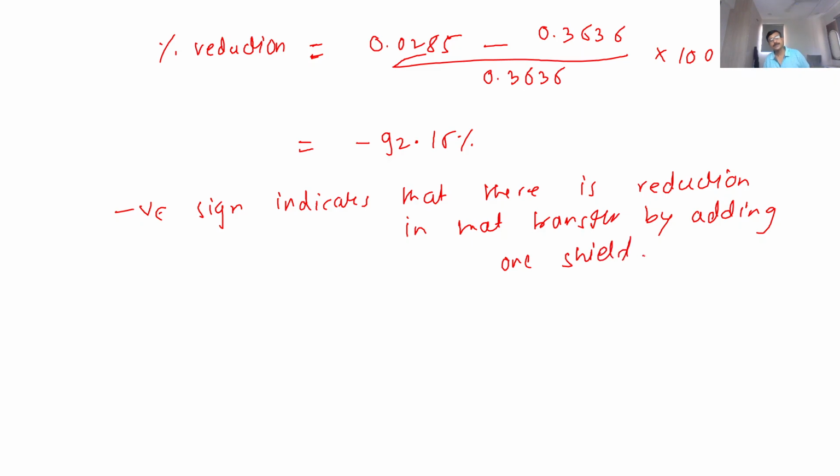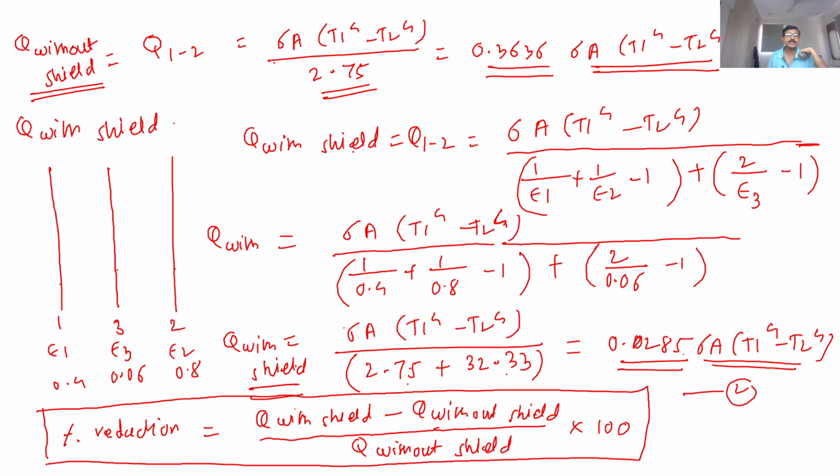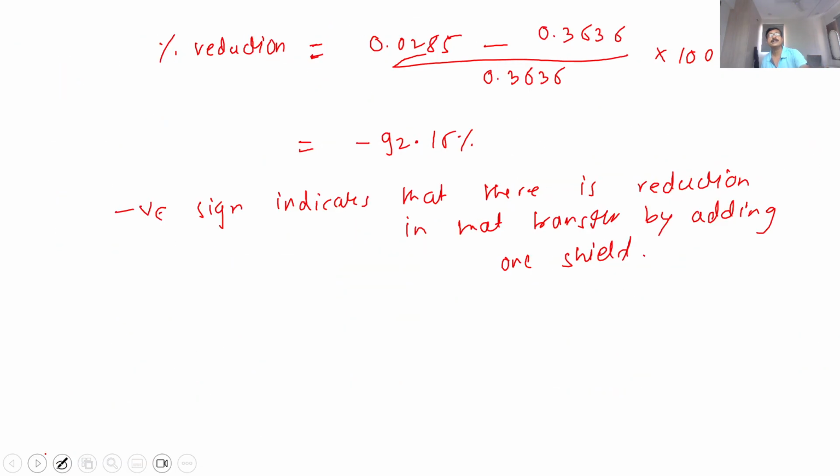So it is proved. The answer coming negative means there is no enhancement, no increase in heat transfer rate. After inserting the shield, the heat transfer rate by radiation decreases, it gets reduced, and that's why the minus sign automatically appears. So remember, this is the formula for calculation of percentage reduction in heat transfer rate.